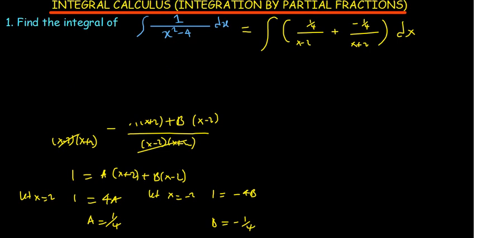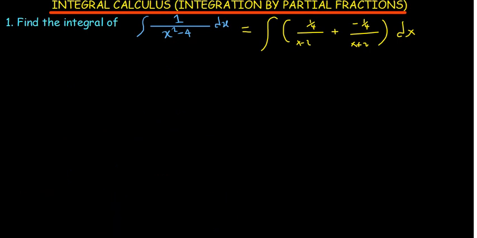Okay. Now that we have this, we can even split these. So this is going to become the integral of 1 over 4 divided by x minus 2 dx, plus another integral of negative 1 over 4 divided by x plus 2 dx.